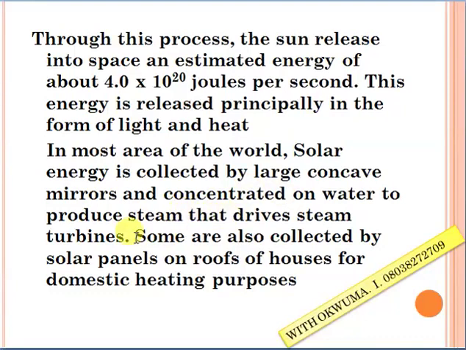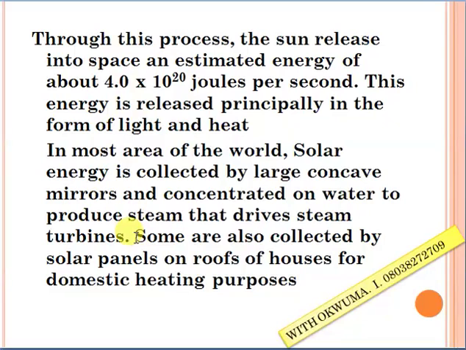So in some parts of the world, this solar energy is harvested using a concave mirror, which concentrates the light on water, and the steam produced will be able to drive a steam turbine. So with this you can equally generate electricity using this solar energy.